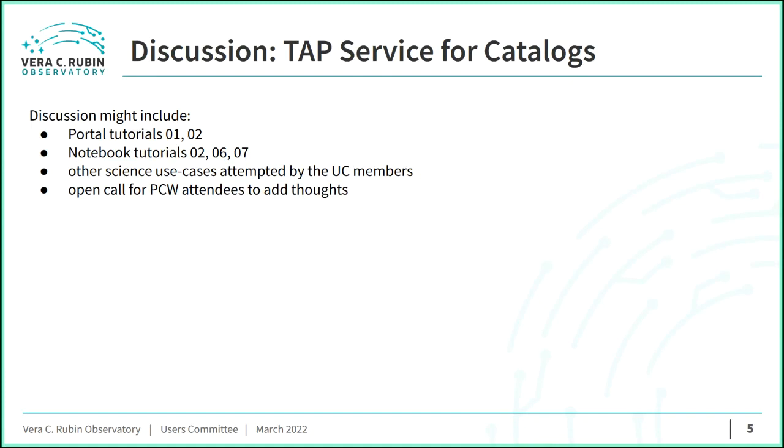I wanted to go back to Matthew's question about public data releases. After 2 years from the date of a data release, all the data in that data release will be publicly shareable. But we do not yet have the resources in our plan to serve all that data publicly to anyone in the world.